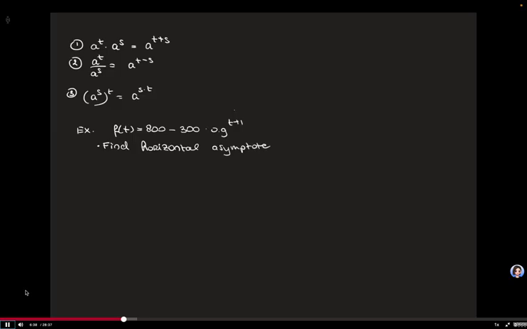So that's the first thing, and we want to find the intersection with the y-axis. So if we want to look for the horizontal asymptote, what we know, well, maybe you don't know that yet, it's quite new, maybe.